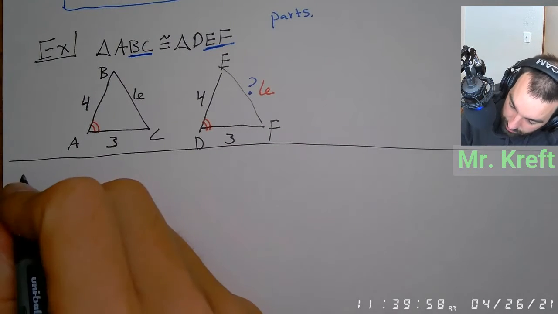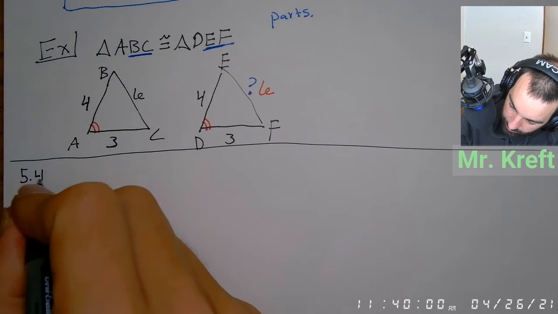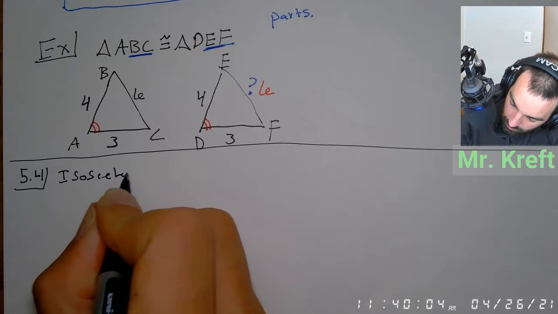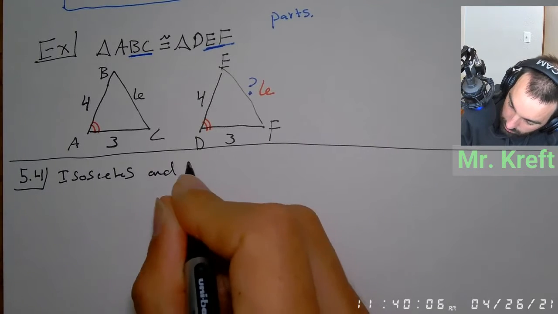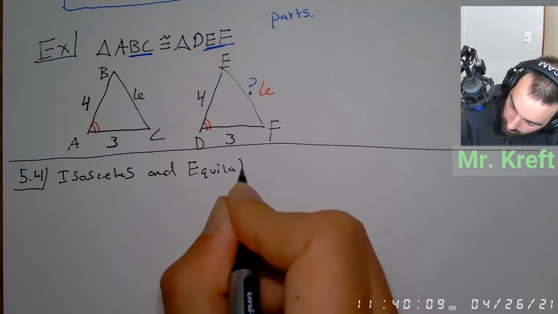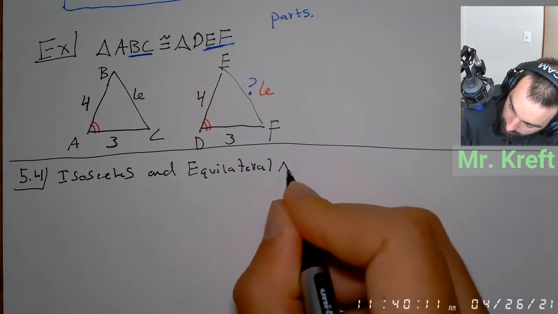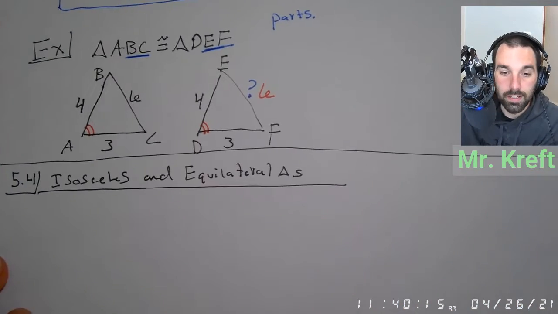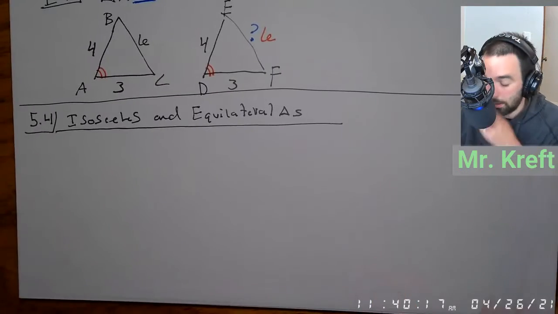Okay, and then we did 5.4. And this was isosceles and equilateral triangles. Those are two special types of triangles.